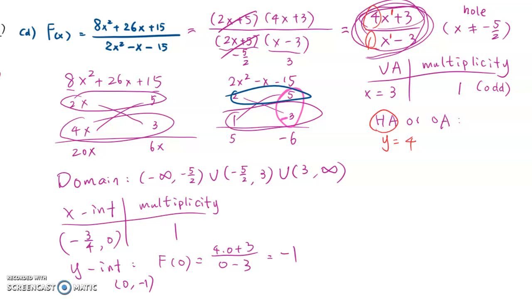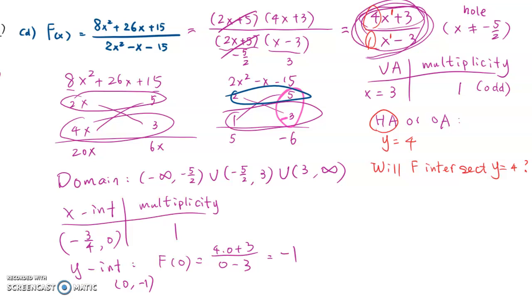Now let's find out if our graph will intersect this horizontal asymptote. So will our function f intersect y equals 4? We will put the two functions in one system.